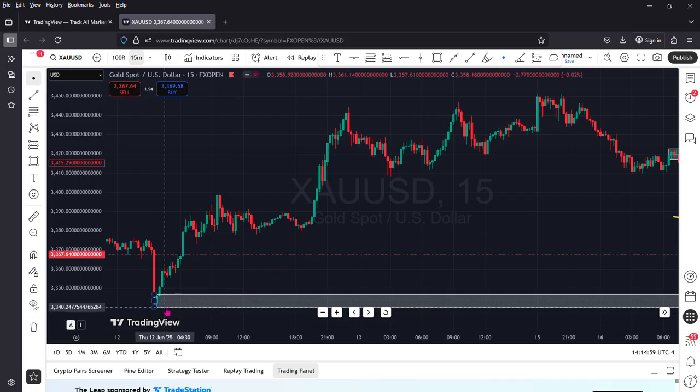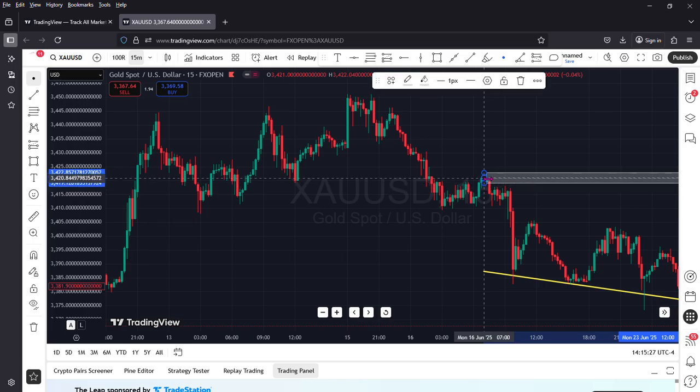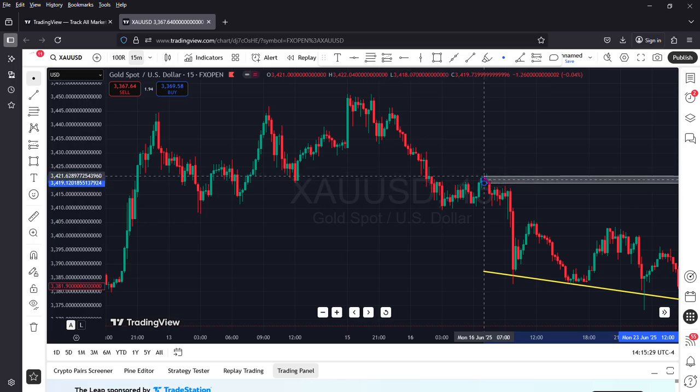You see how I am refining it, because if you go to 1 hour, you can see that this area was the area where the market started buying. All this side is weak, so I am still refining it to the lowest bottom, in which you will just enter. It will be a sniper entry. So on this lower time frame, on 15 minutes, this is the origin that caused the breakout.